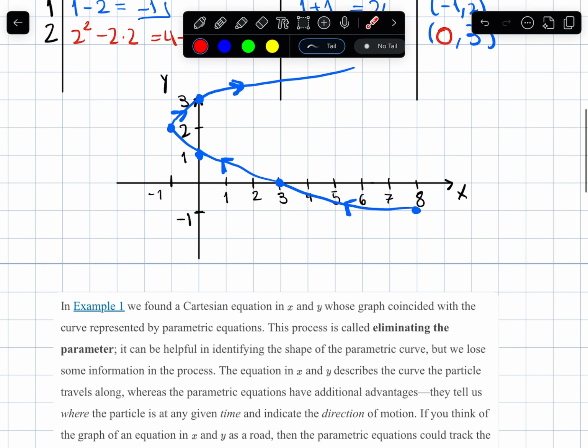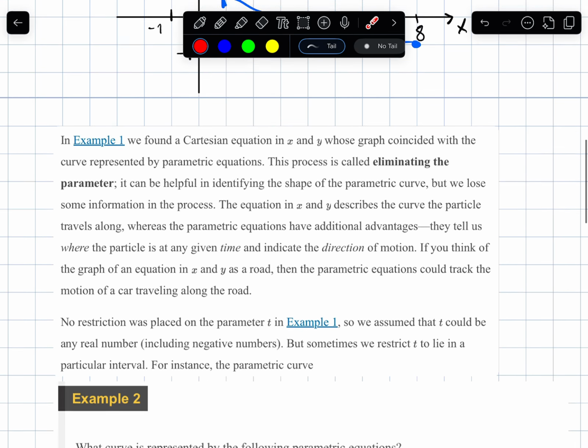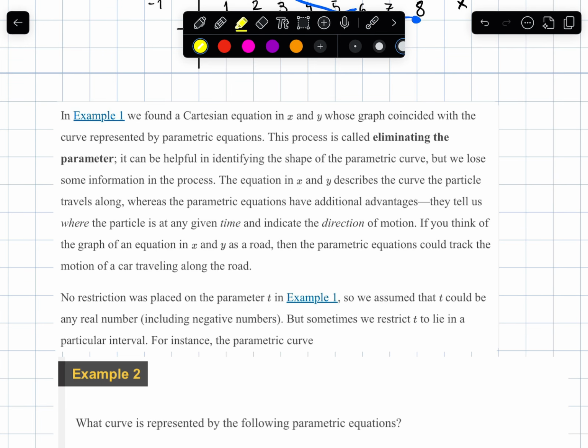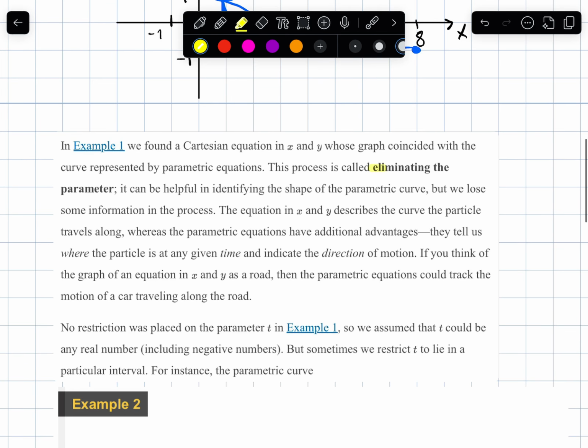Okay. And this process that we just did is what's called eliminating the parameter. So t is the parameter, and through this process we were able to get rid of t and just have a regular Cartesian equation for x and y. And the graph coincides with the graph that the set of parametric equations represents.